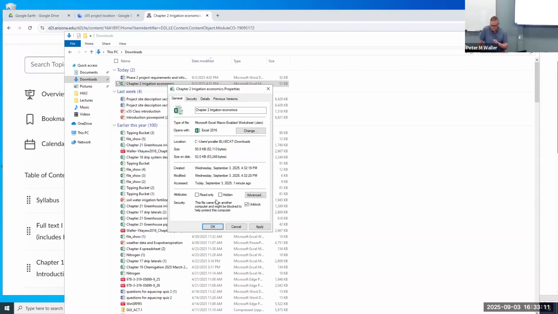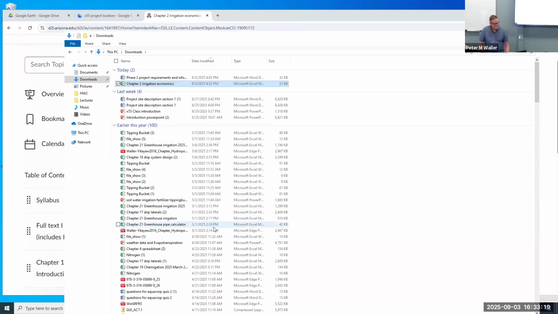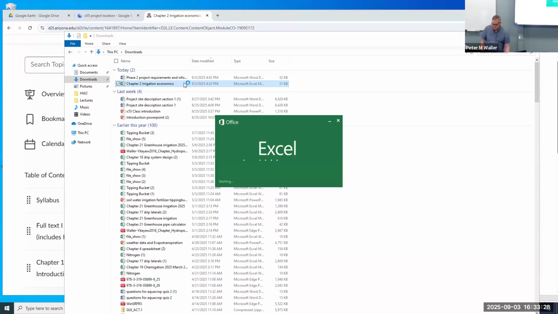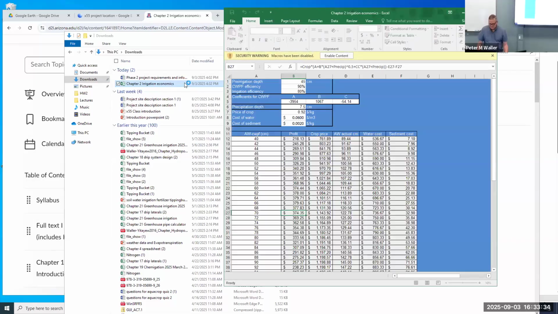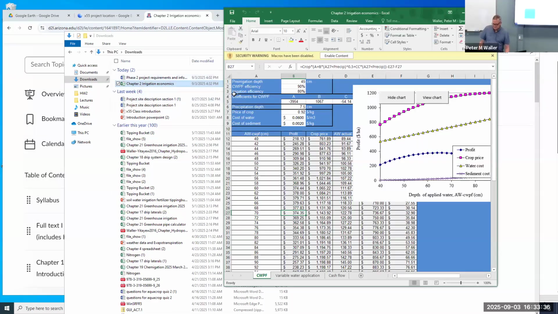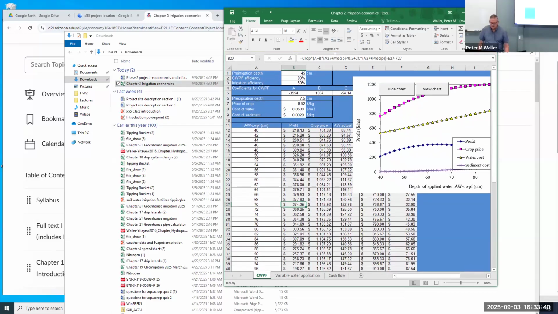If you try to open it before you do that, it won't let you. You have to download it again. Now I can open it. I have it here in downloads and now I can double click on it. Now I have to enable the content, which means the macros.